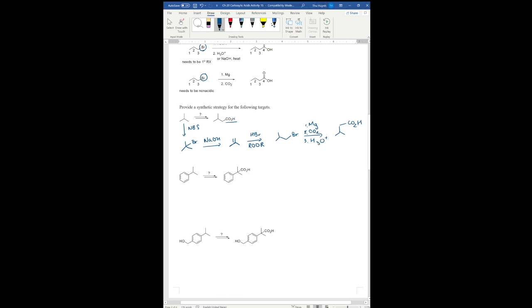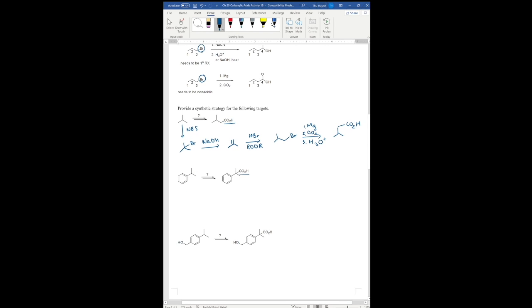So the next one is very similar. However, right now, the carboxylic acid would be right in this position. So we can conclude that we need to add the Br group right here in order to give rise to such a product. So very similarly, let's use NBS.